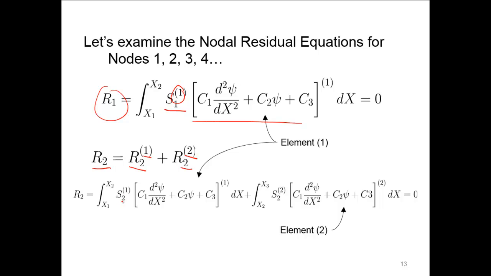So here we've got what's happening in element 1: the shape function for node 2 in element 1 and the governing differential equation, and the shape function for node 2 in element 2 and the governing differential equation there. The arrows point out element 1's contribution over here and element 2's contribution over here.